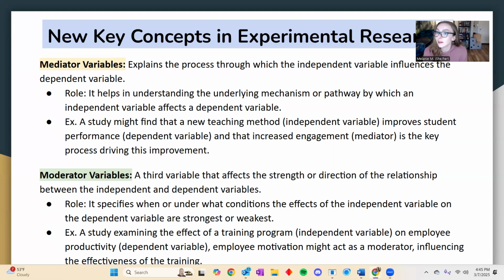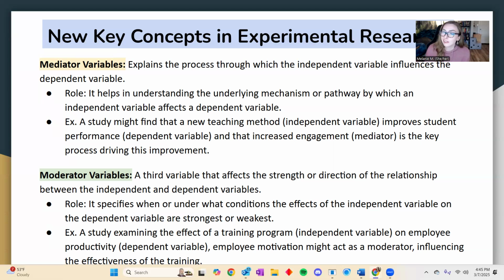I'm making an educated guess here, but I would guess that employee motivation is probably positively predictive of how effective this training program is. Another way to say that is the more someone is motivated to learn, the more I would expect that training program to help increase productivity.